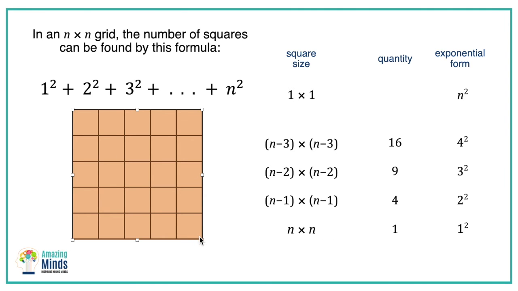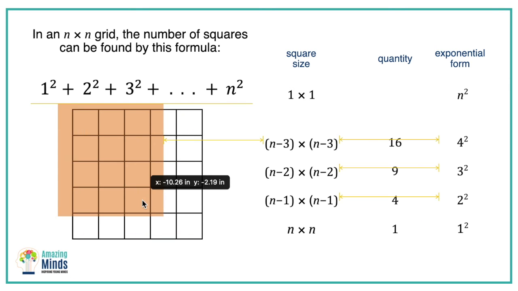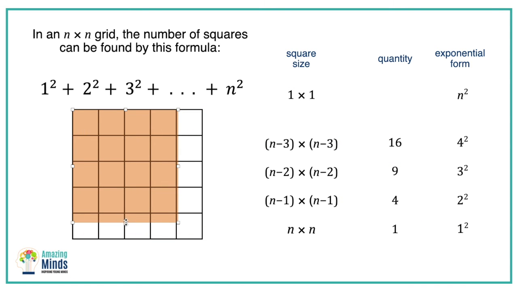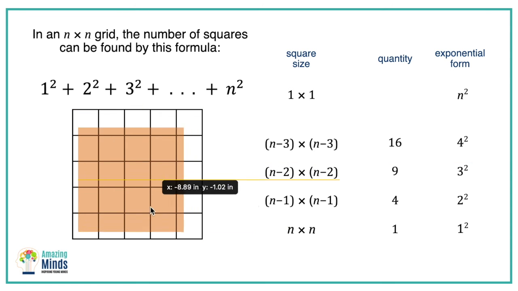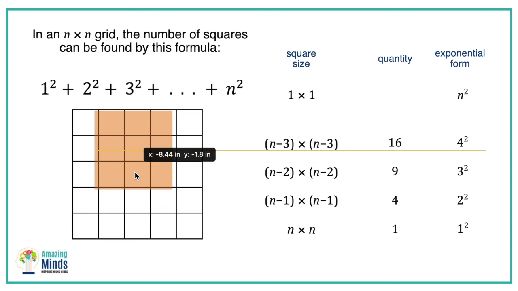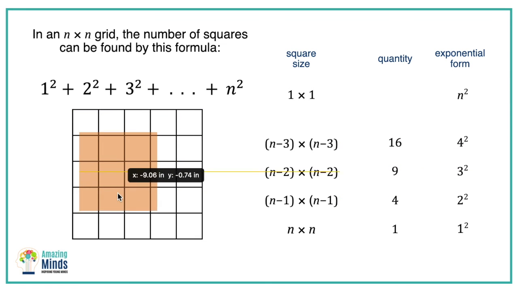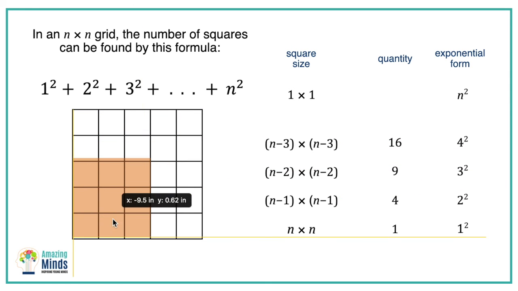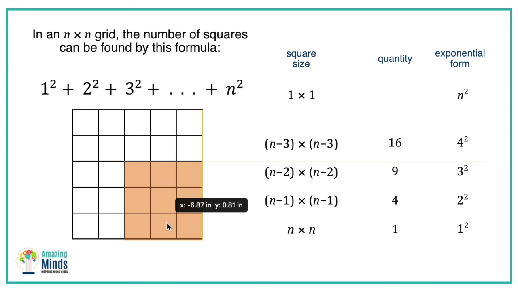If you take this and you make your square size one smaller, n minus 1, you're always going to have 4. If you make it 2 smaller, you're always going to have 1, 2, 3, 4, 5, 6, a 3 by 3.